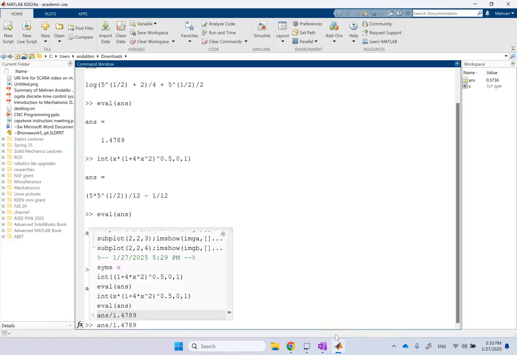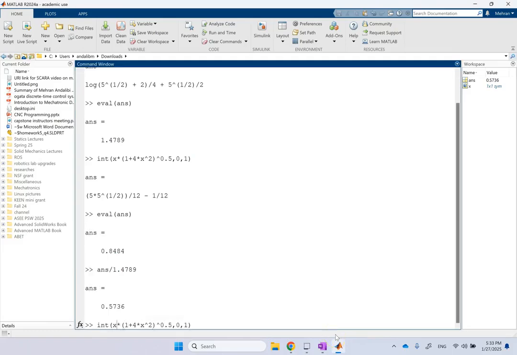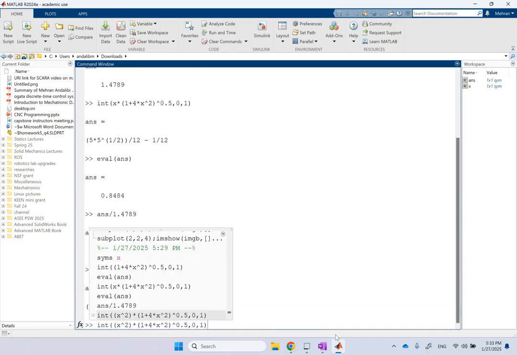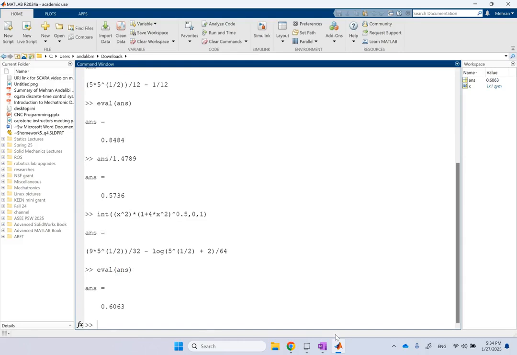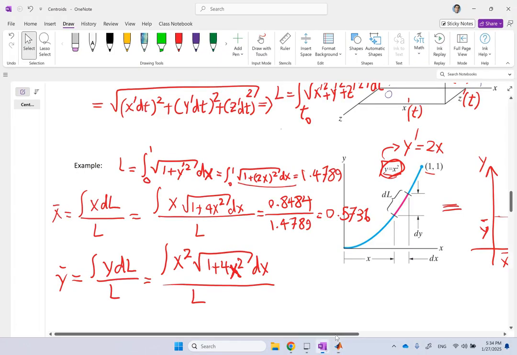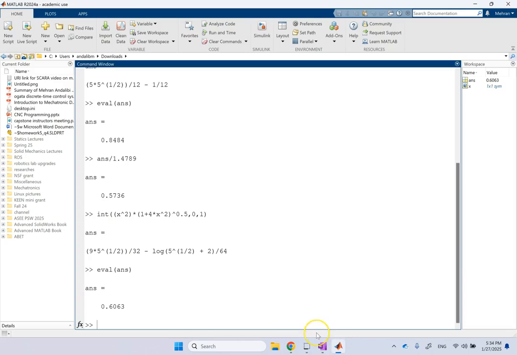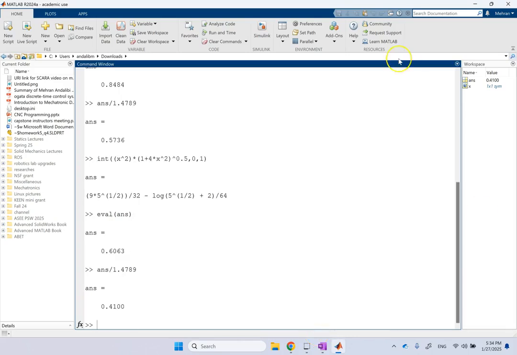So here I'm going to do x squared this time. And I got the number, and again I can evaluate it, and I get 0.6063. Divided by that number, and if I plug it in, you get 0.41.